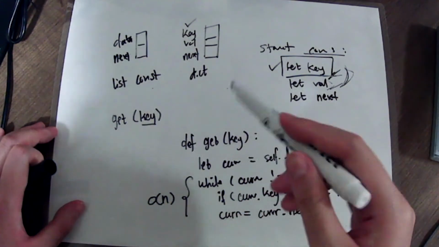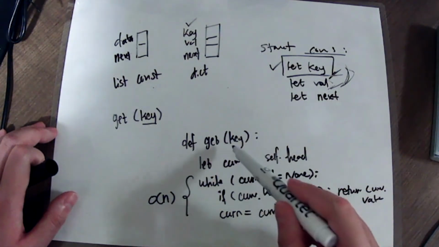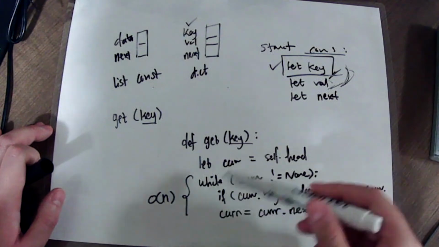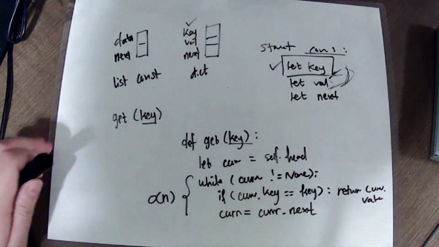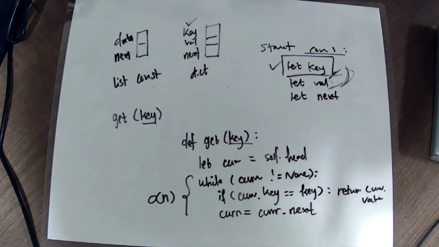In the case of association list, we can now look up the value with a key. So we can define a new method like this, looking up the key and searching it. That's how we derive an association list from the linked list.